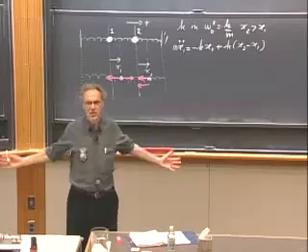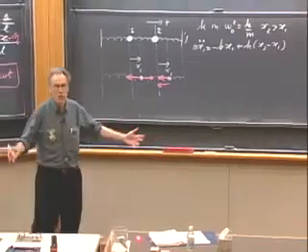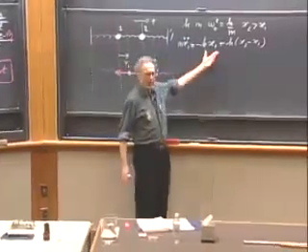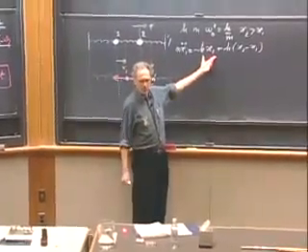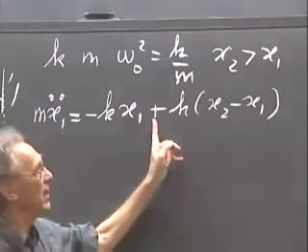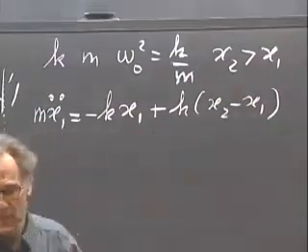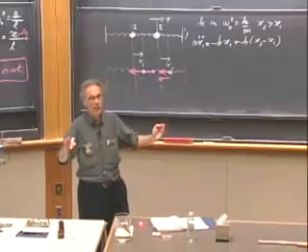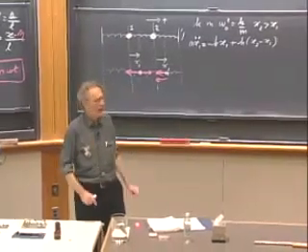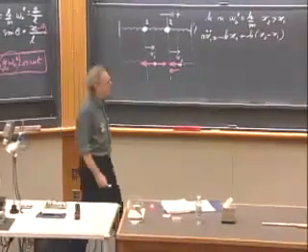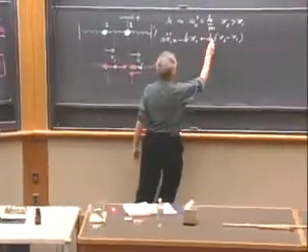Is it a disaster if it turns out that x2 is not larger than x1? Not at all. This equation now is correct for all situations. The fact that I have assumed that x2 is larger than x1 gave me a plus sign here. And so my differential equation is safe, no matter what x1 is relative to x2. So you can always make that assumption, and you don't have to worry later anymore about signs.